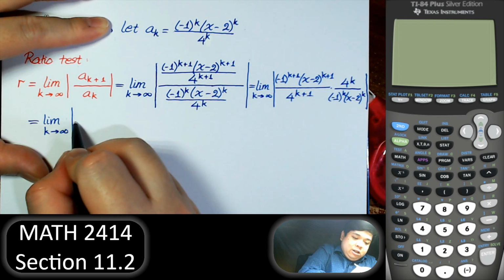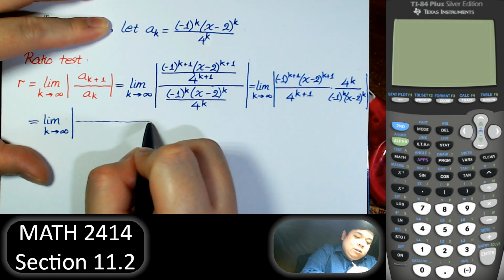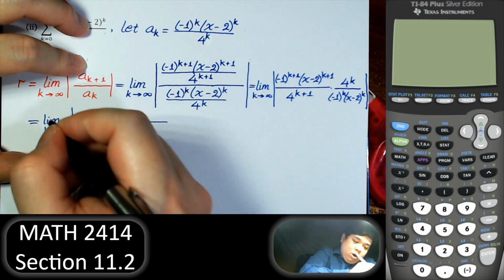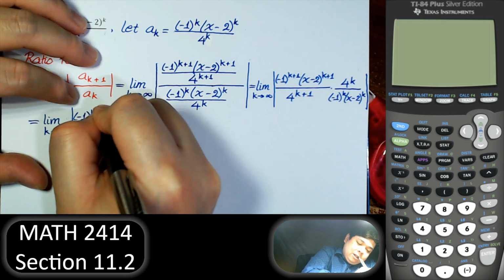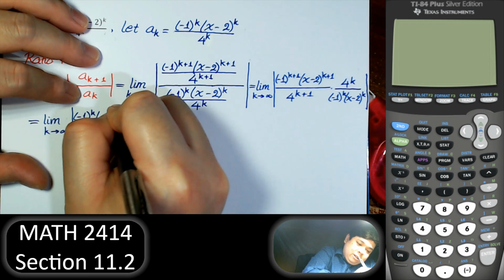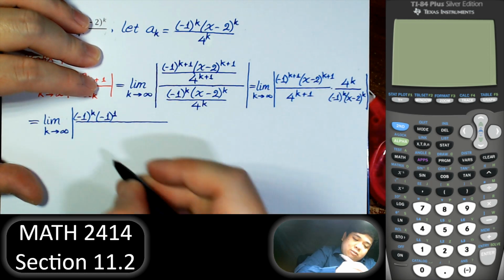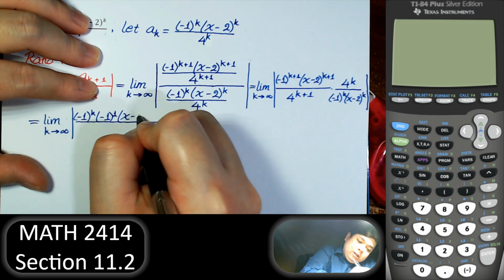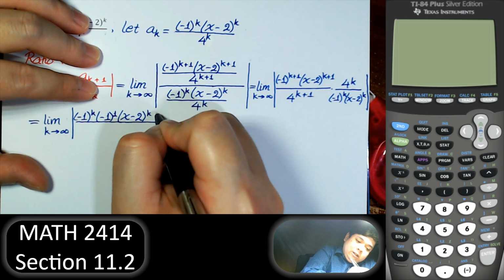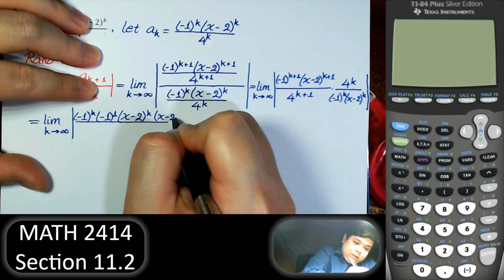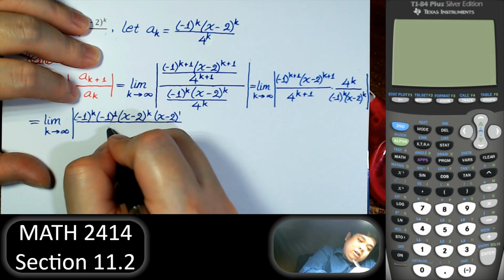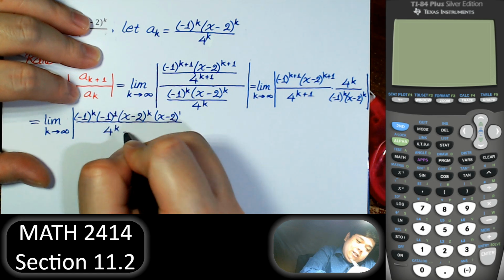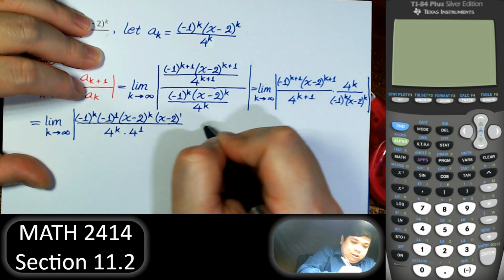Now we write this: negative 1 to the k plus 1 over negative 1 to the k, and then negative 1 to the first. Same thing for x minus 2 to the k plus 1 over x minus 2 to the k, giving x minus 2 to the first. And 4 to the k plus 1 over 4 to the k gives 4 to the first.